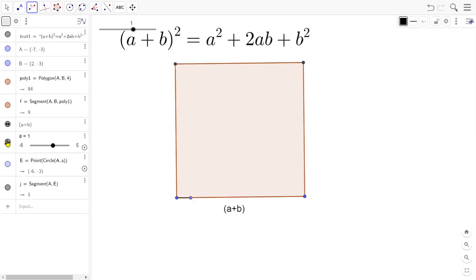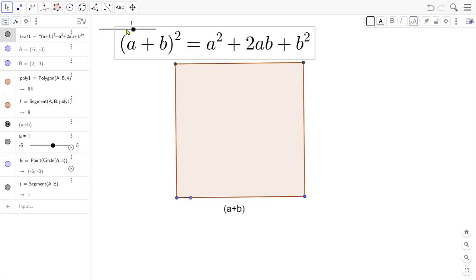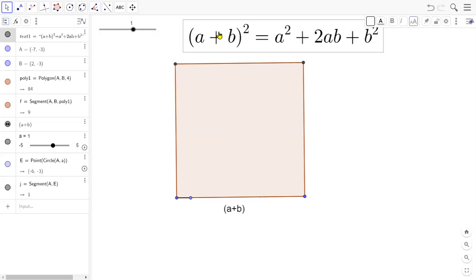Here I have just created a slider. Let me drag this slider here, and let me put this point exactly on this line segment a plus b.